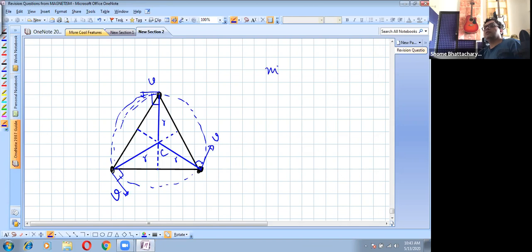So mv square by r should be equal to the net centripetal force. Now the net centripetal force for anyone will come out as the vector sum of the two forces that these are applying.